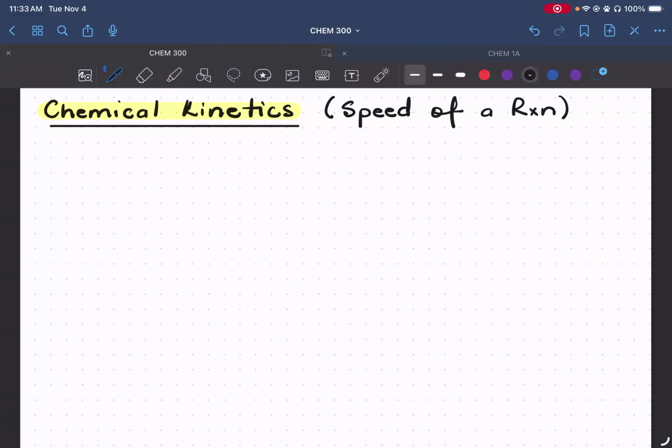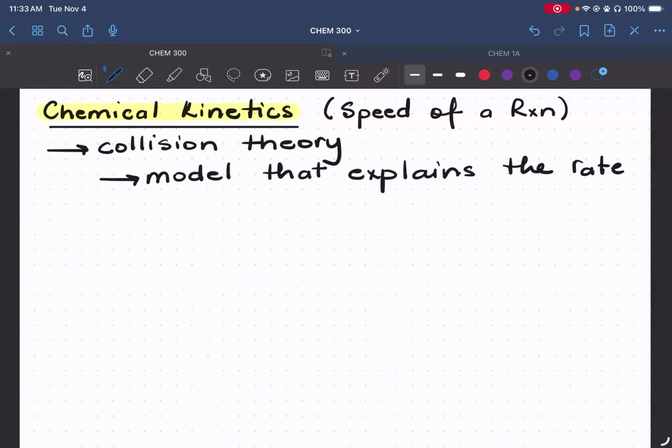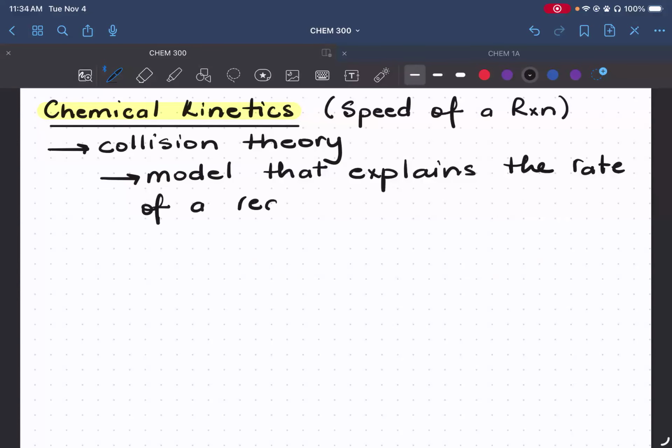Now, one of the basic guiding principles behind chemical kinetics, or rather understanding the speed of a reaction, is understanding what is known as collision theory. Collision theory, plainly put, is a theory or model that explains the rate of a reaction on a molecular level.